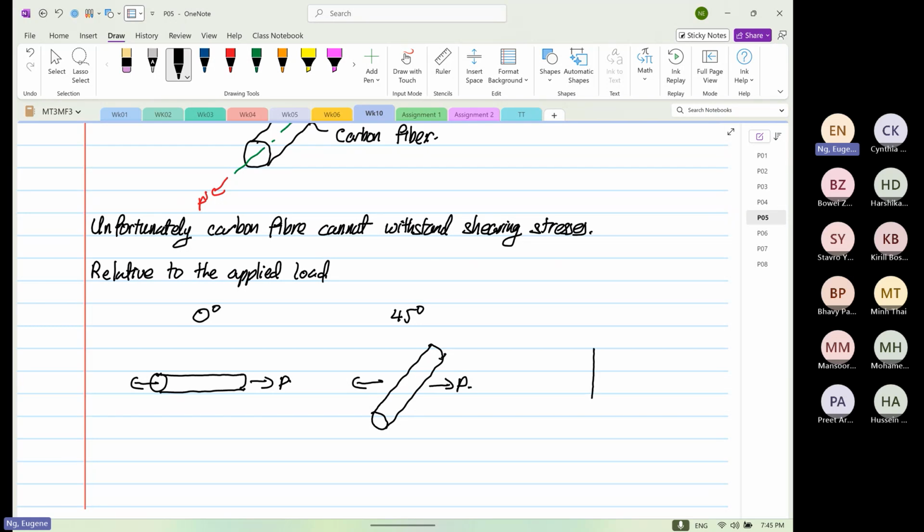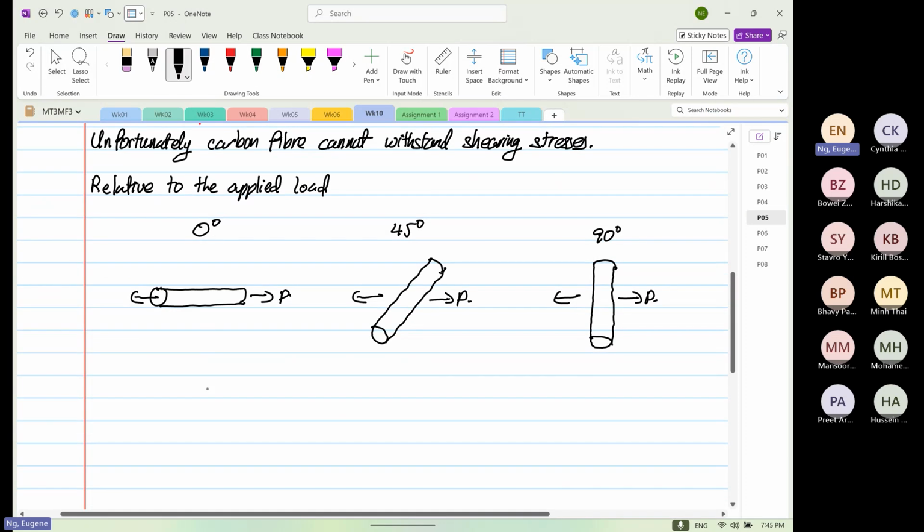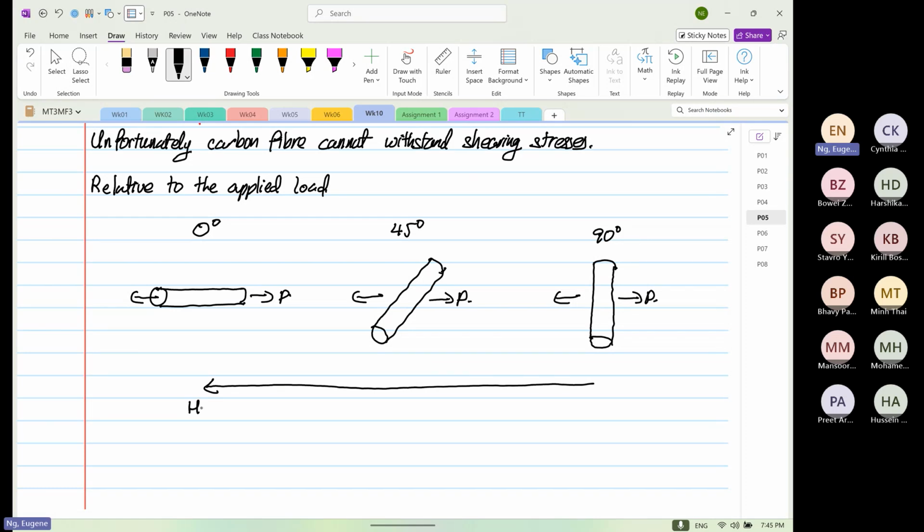And then the last one is at 90 degrees, and the load is still in this orientation P. So if you look at this, going towards the left, it has the highest strength.